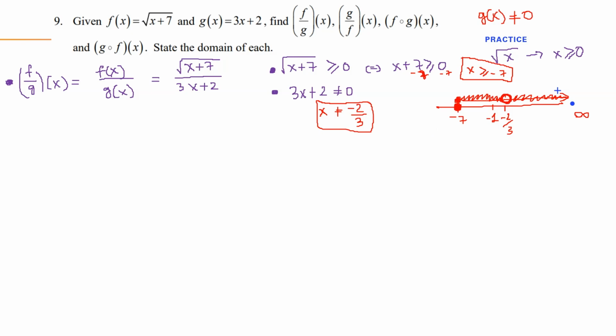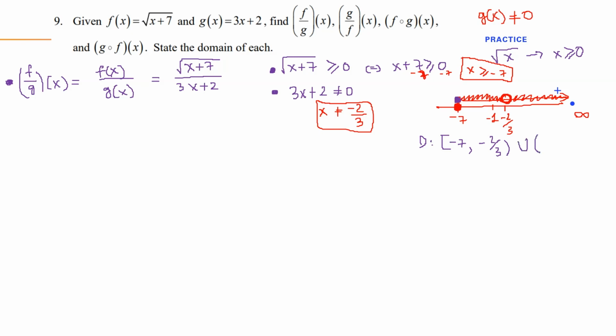How do we write the domain in interval notation? The domain: x belongs to bracket negative 7, comma, negative 2 over 3. We don't take that value.